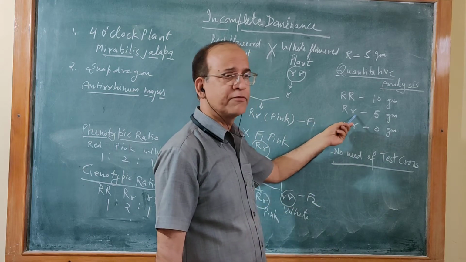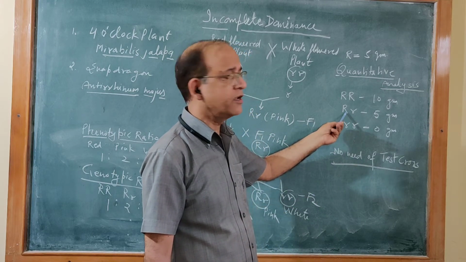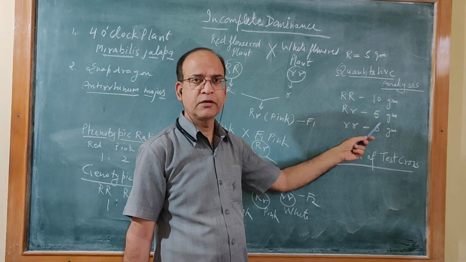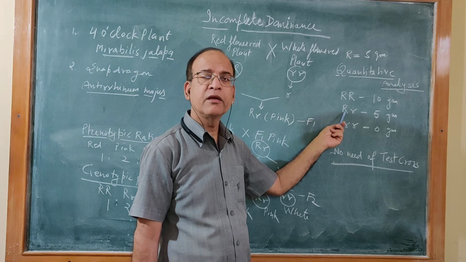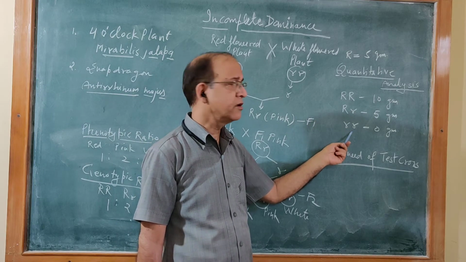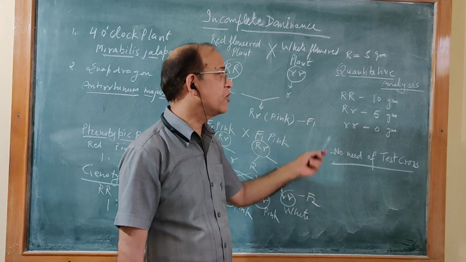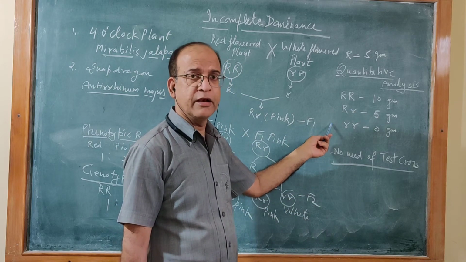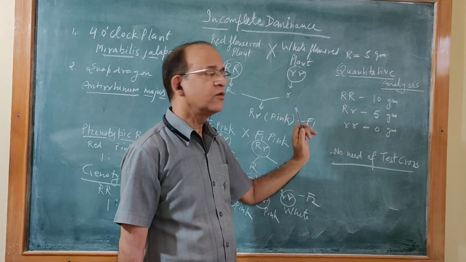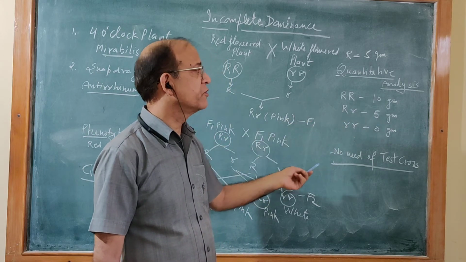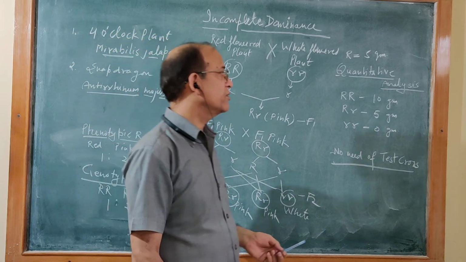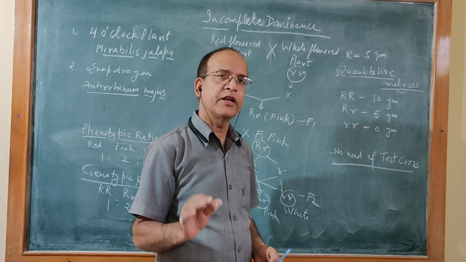But in capital R small r, because there is only one capital R, only 5 gram pigment is synthesized. That's why it will not be red, it will be pink. And in small r small r, no pigment is synthesized because the capital R allele is absent, so 0 gram pigment, that's why it is white. So we can also explain incomplete dominance on the basis of quantitative analysis.